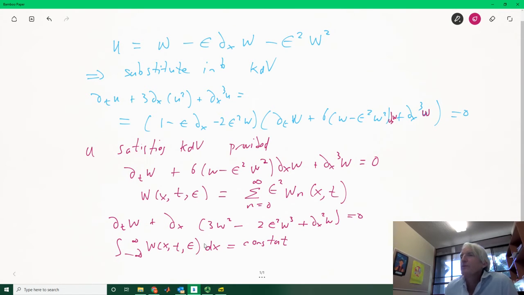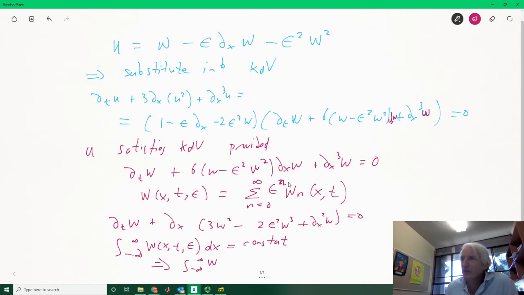So we can set epsilon equal to 0 and we get it for w_1. Again I've made a mistake here, that should be to the power of n. Since it's true for every epsilon, it must be true for all w_n. So we get the integral from minus infinity to infinity, because it's true for every value of epsilon.